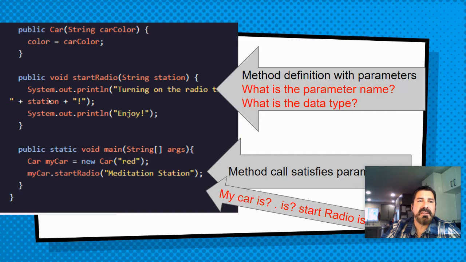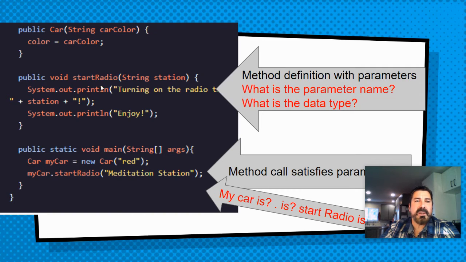So whenever you say, hey, start the radio, you have to pass in the additional data, this radio station's name, and it has to be a string, so it has to be in double quotation marks. All right. So this right here, public void start radio, this is the method signature, and this whole thing is a method definition. Okay, and as it says here, the parameters are required.